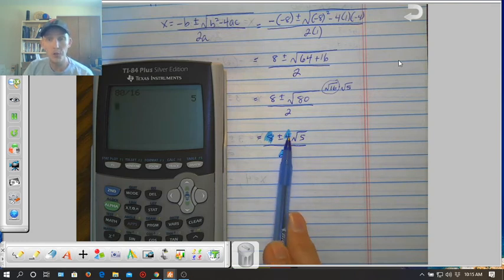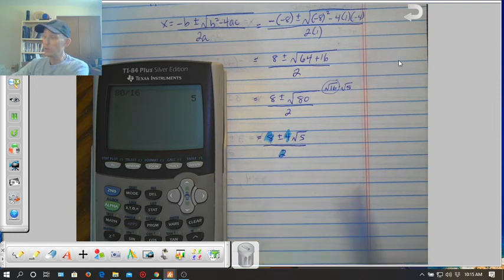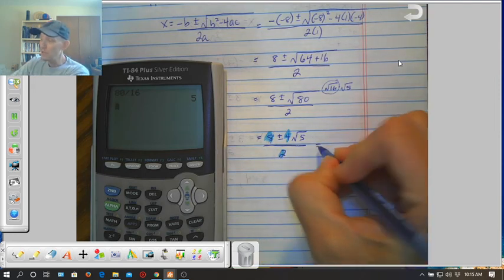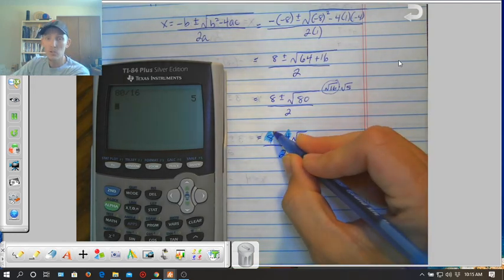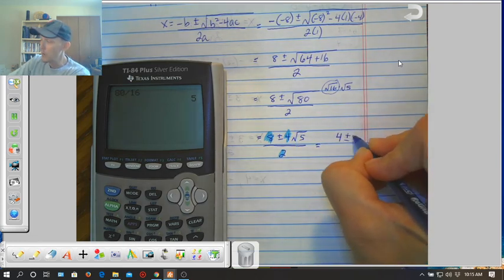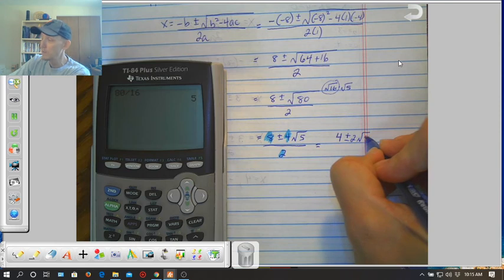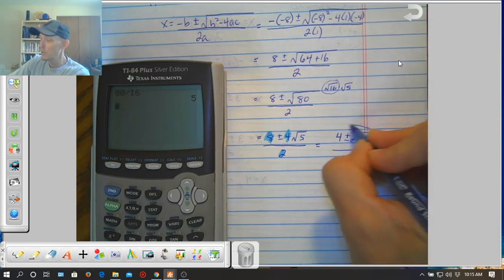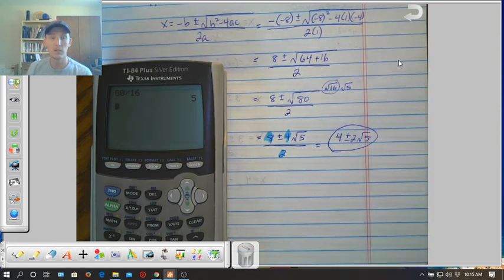So if all 3 of these pieces outside of the radical can reduce, we will. So my final answer is to reduce all of them by 2. This becomes 4 plus or minus 2 radical 5 as my final answer, because the 2 in the denominator cancels away.